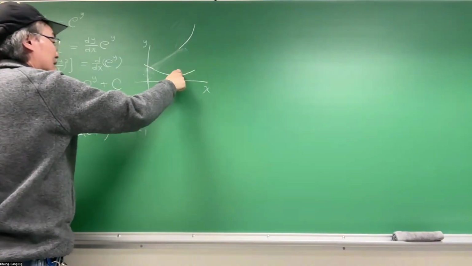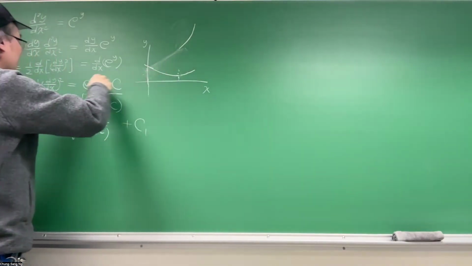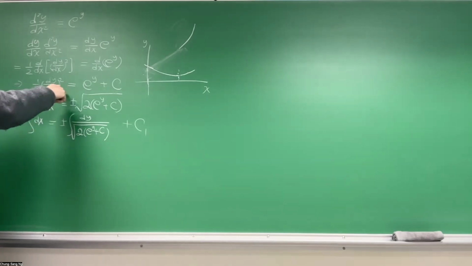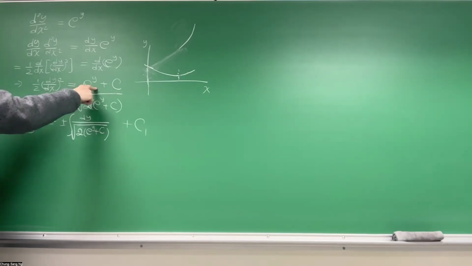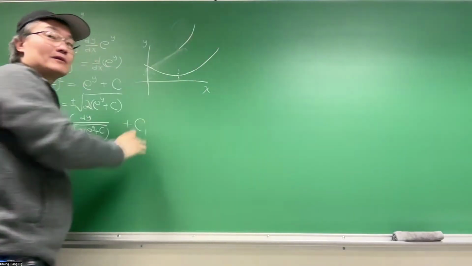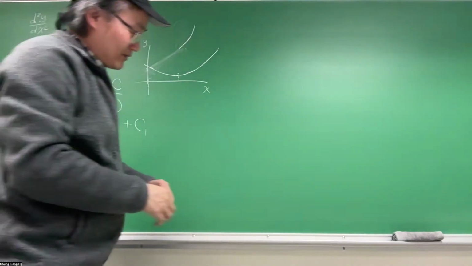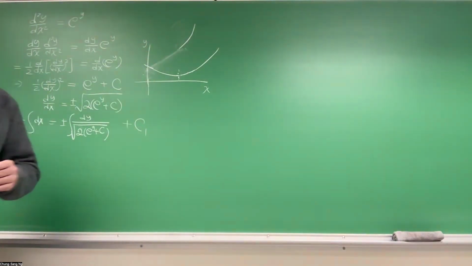Now, as it moves past the minimum, the first situation applies: dy/dx keeps increasing, and e to the y keeps increasing, and then it will.